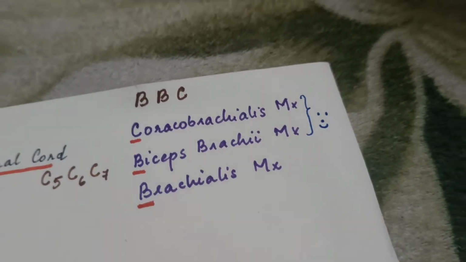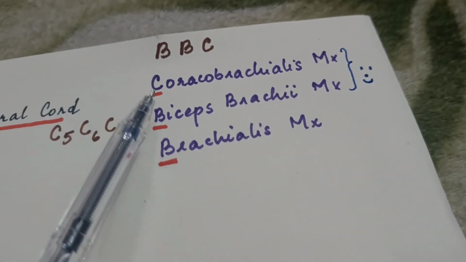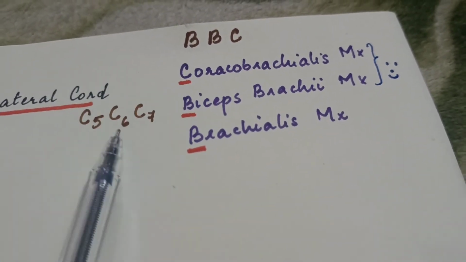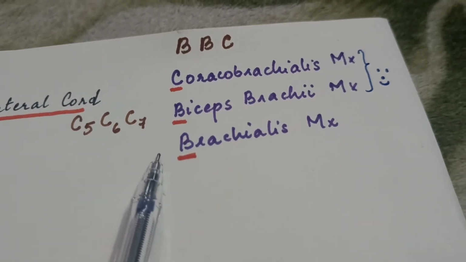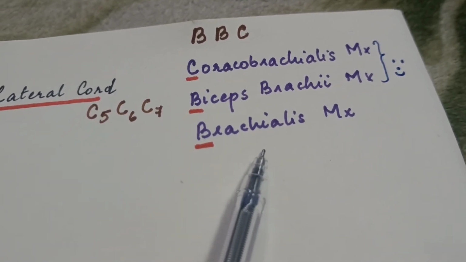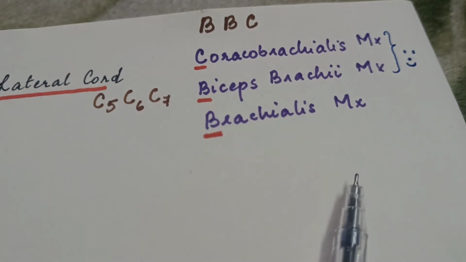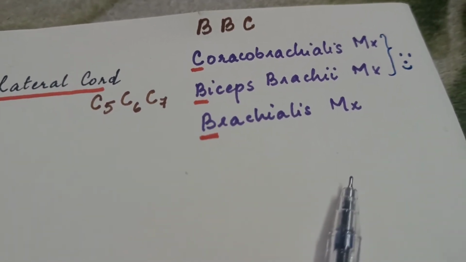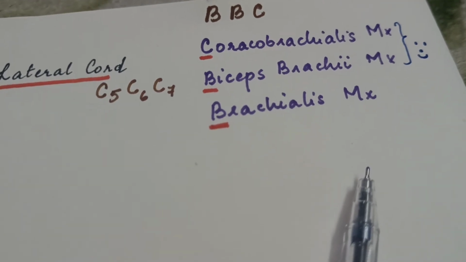Next point: the coracobrachialis and biceps brachii muscles are supplied completely by the musculocutaneous nerve, but the brachialis muscle is not completely supplied by it. Only the medial half of the brachialis muscle is supplied by the musculocutaneous nerve.